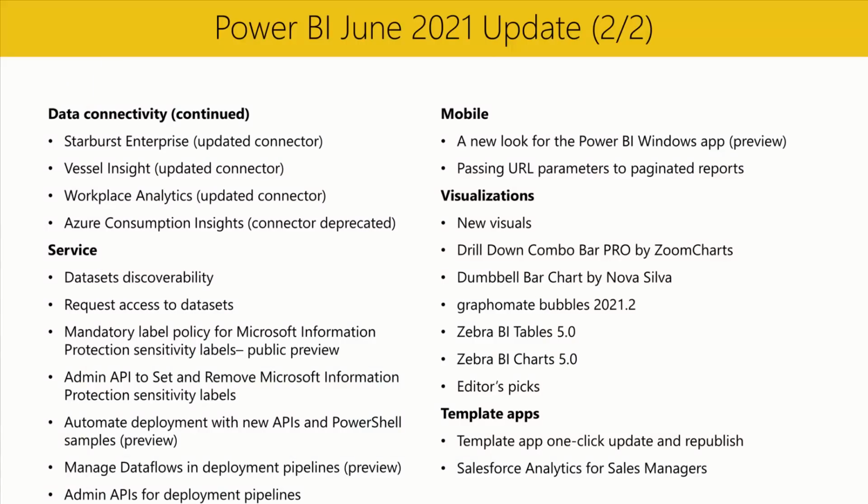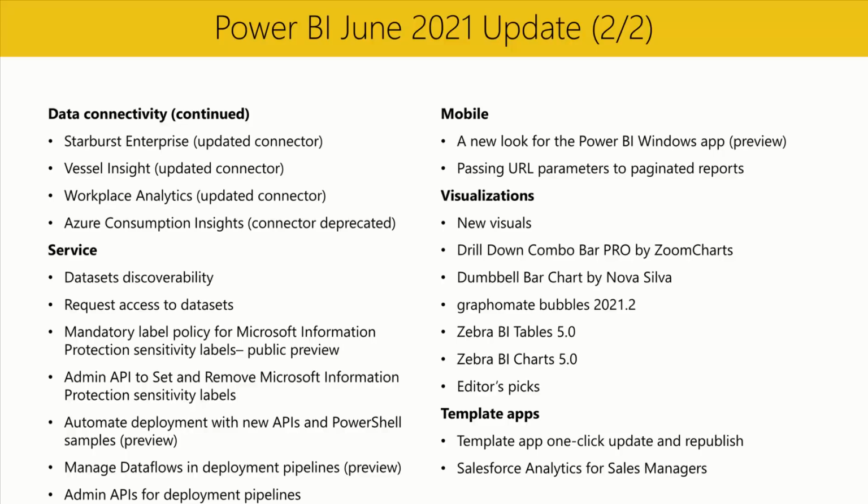Next, we are happy to announce the public preview of mandatory label policy support in Power BI. One of your top asks was to help ensure that new content brought into Power BI is brought with sensitivity labels, and when mandatory label policy is enabled, users will be required to apply labels when they upload PBIX files to Power BI, create new content, or edit content that doesn't yet have a label in Power BI.